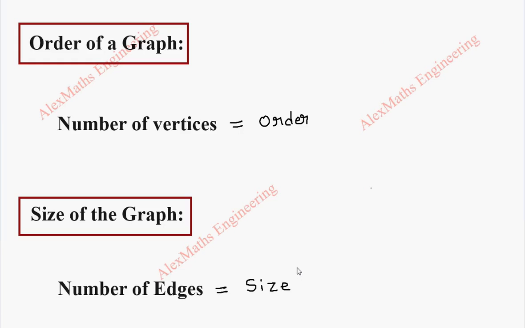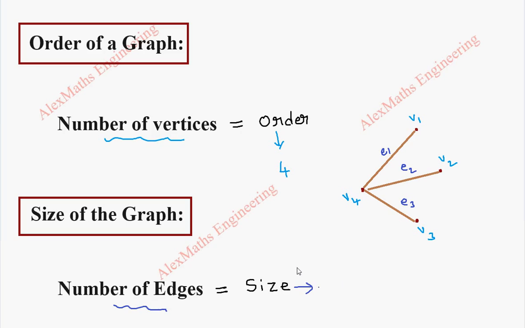For example, if we have a graph with points, that is vertices, connected like this, let's name them V1, V2, V3, V4. There are 4 vertices, so the order is 4. In the same way, if I see edges E1, E2, E3, the number of edges is the size, so the size is 3.